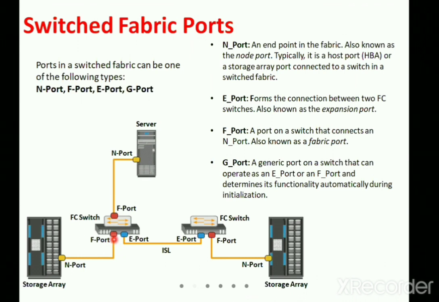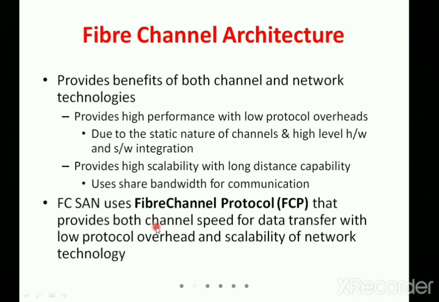And we have the E port, which is an expansion port, connecting to another switch or another device, so it is called an E port. Here the N port is connecting to the F port.